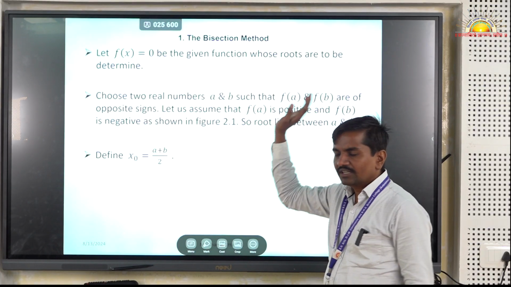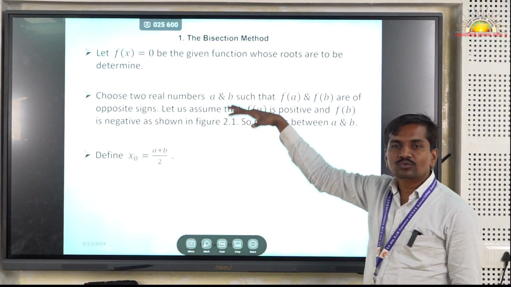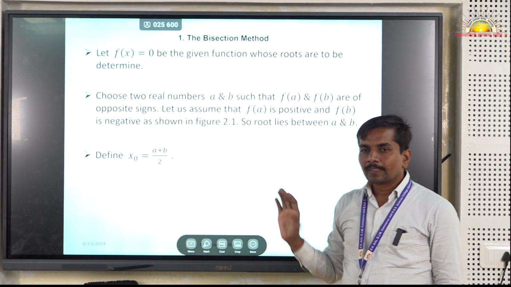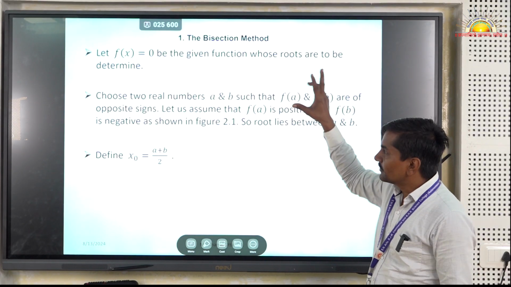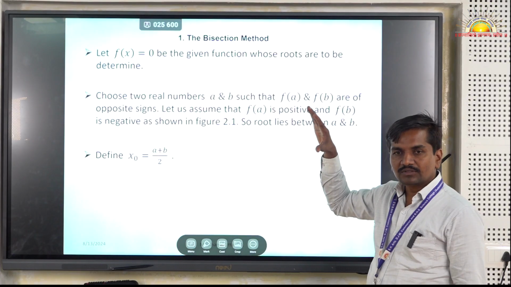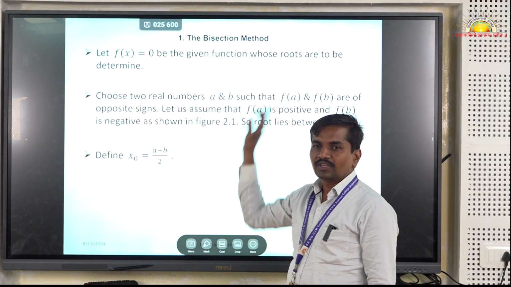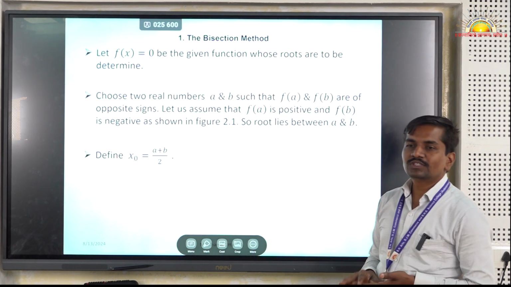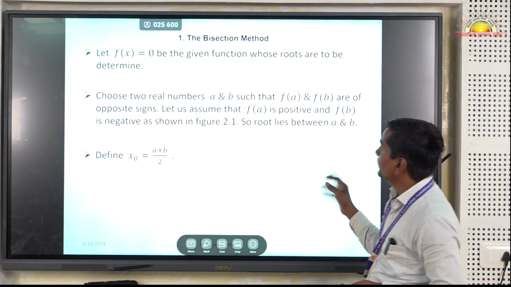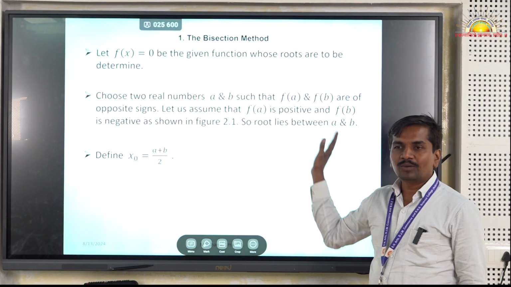Now assume that f of x is equal to 0 is the real valued function whose root is to be determined. Now this is the given function. The main task in this method is to choose any two real numbers. As discussed in the previous principle, we have to choose any two real numbers a and b for which f of a and f of b are of opposite sign.